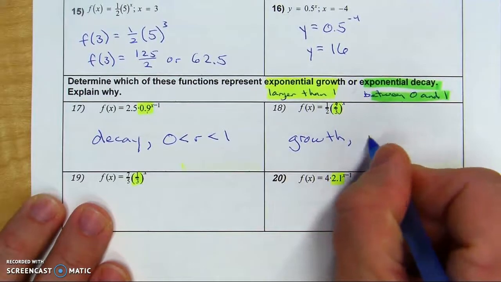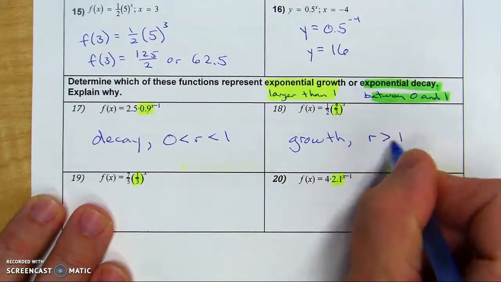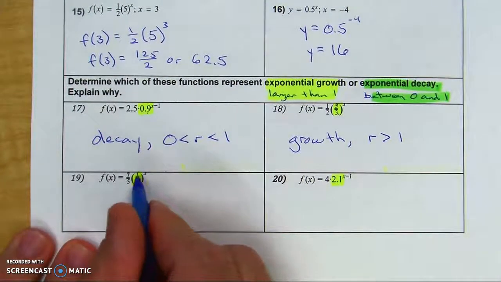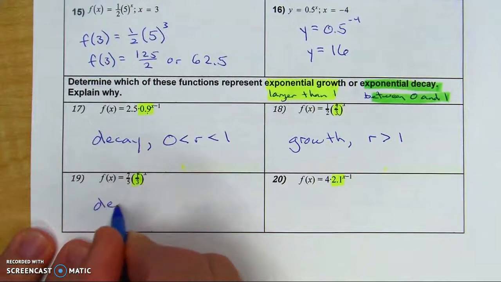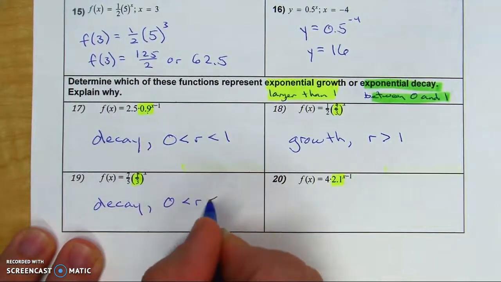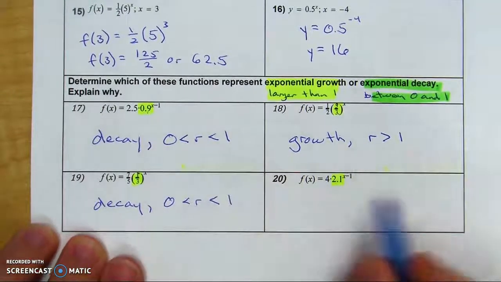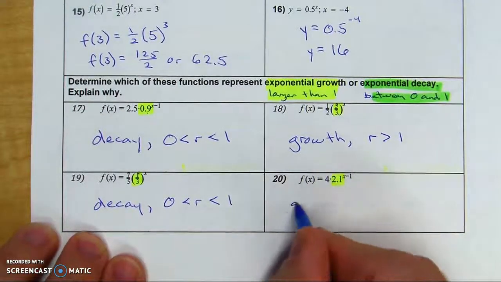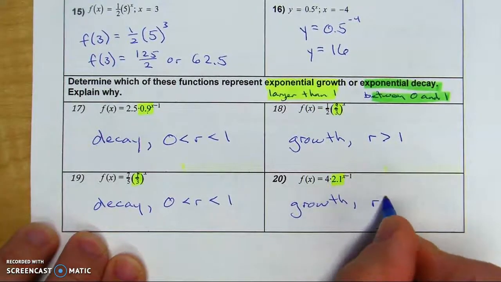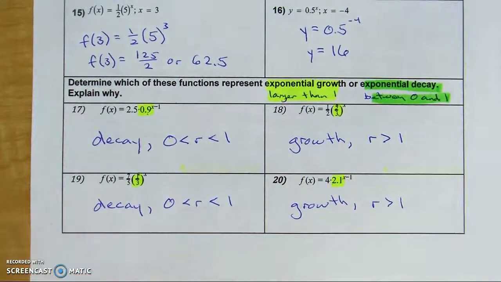And then you can just say R is greater than 1. Once again, you can write out those words if you want to. This one right here, 1/3. That's going to be decay. And it's the same reason over here. R is between 0 and 1. And then finally, 2.1, that's bigger than 1. So it's going to be an example of growth.